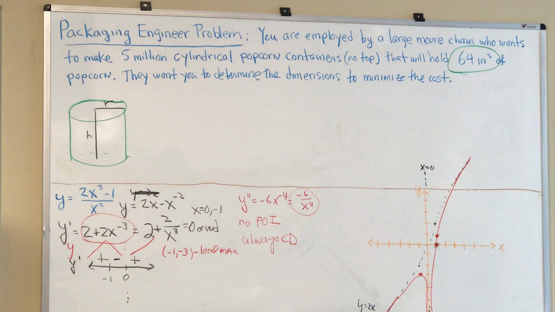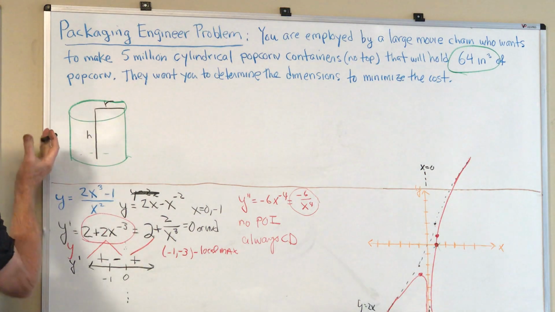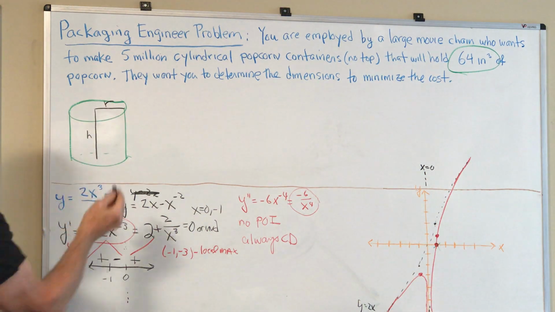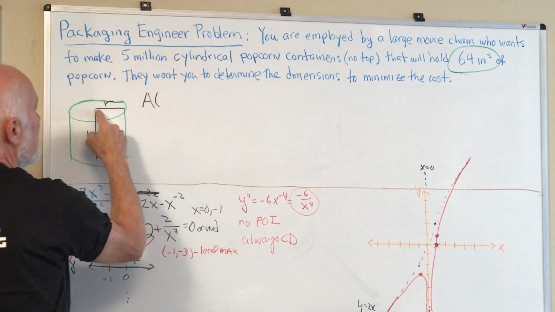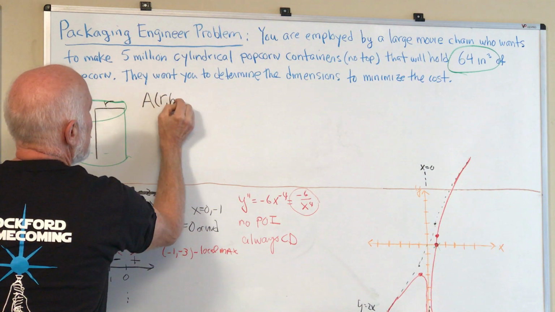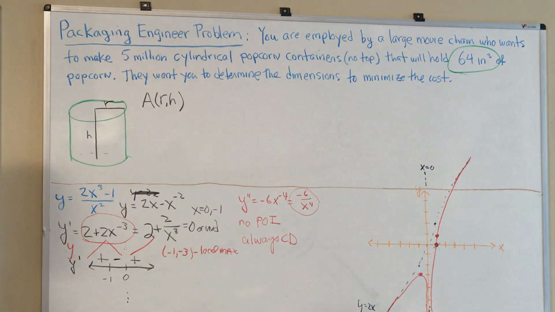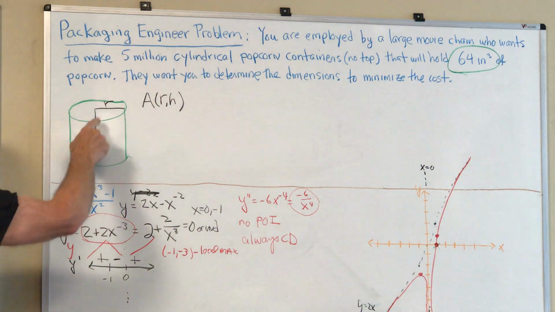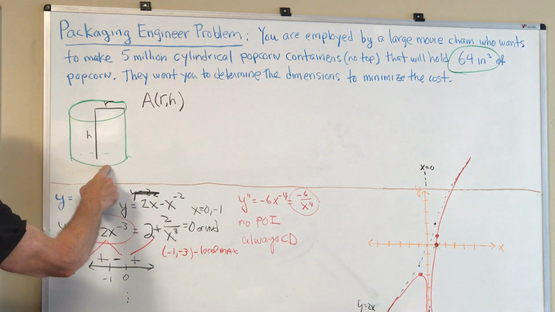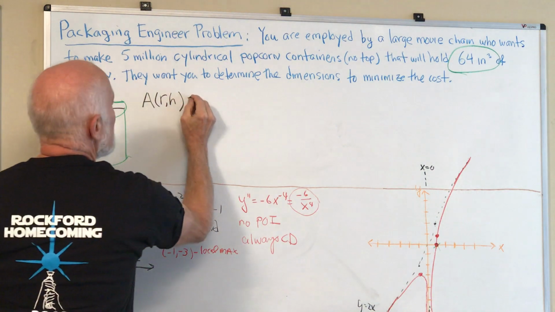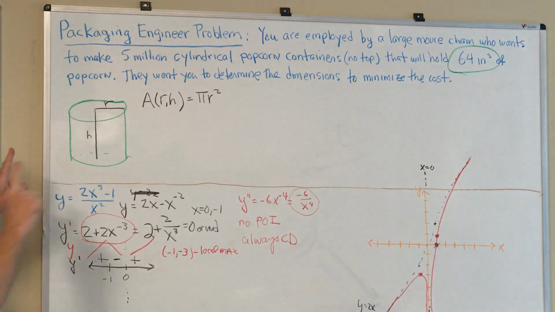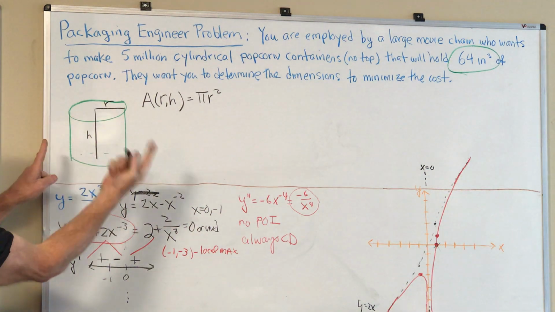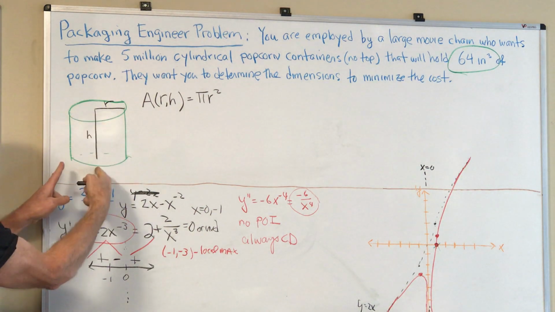And what we're trying to do is minimize the material. So it's the surface area. So we could call our function A, and it's a function of R and H. And there's no top, but we do have a bottom, so the area on the bottom is going to be pi r squared, and the area on the sides is going to be the circumference times the height.